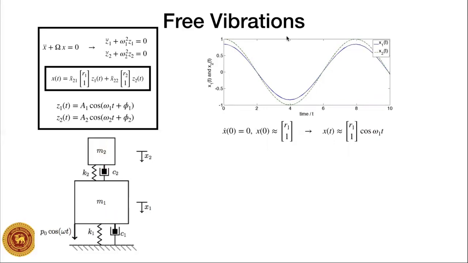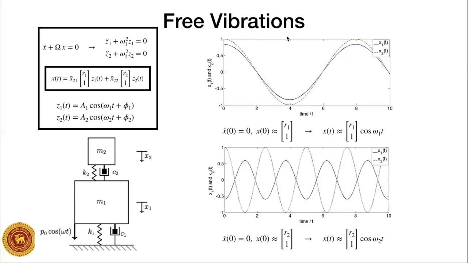If these two masses are the same, then R1 will be very close to 1. And so you see that both of them are moving in phase with each other. On the other hand, if you had an initial condition that was close to R2, 1, and R2 you can show is actually negative in this case. And so what does that tell you? If the second mass moves 1 unit, the first mass will move minus R times 1 unit, and that is what you see over here.